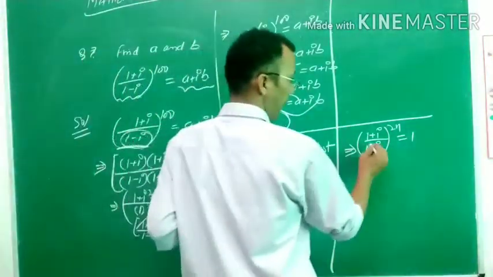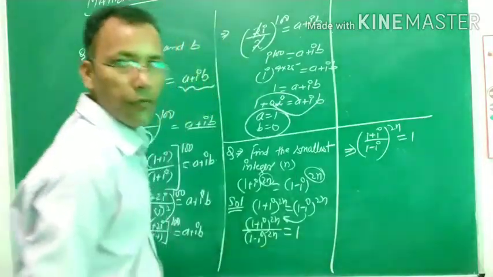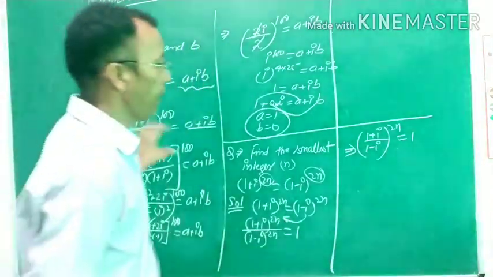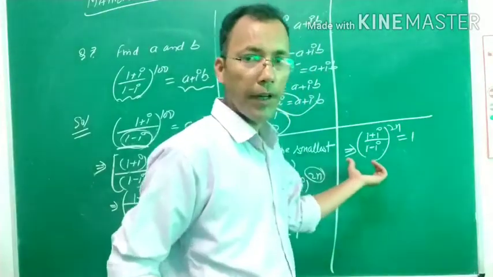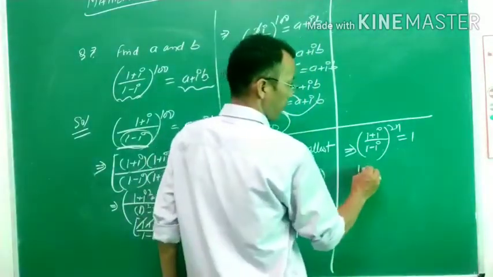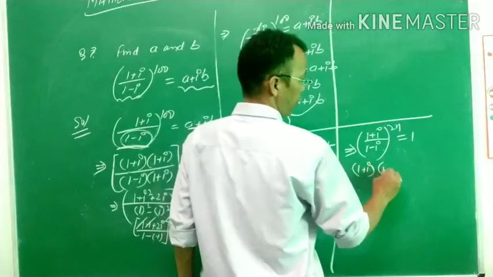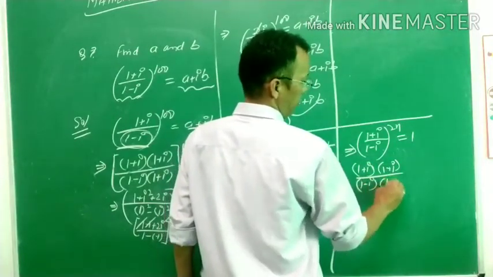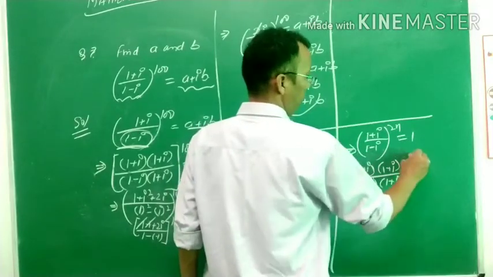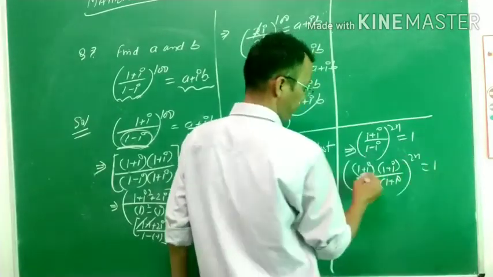This is again the same kind of problem we discussed first, and the denominator has to be multiplied by its conjugate. So ((1 + i)(1 + i))/((1 - i)(1 + i)) whole power 2n is equal to 1.